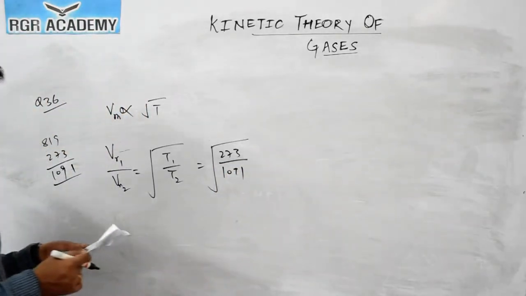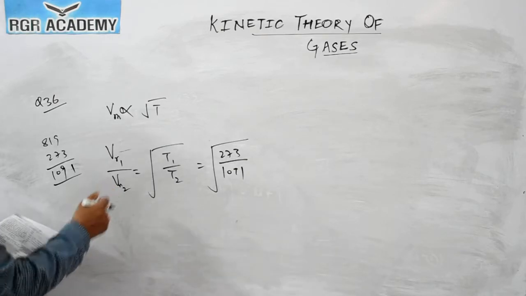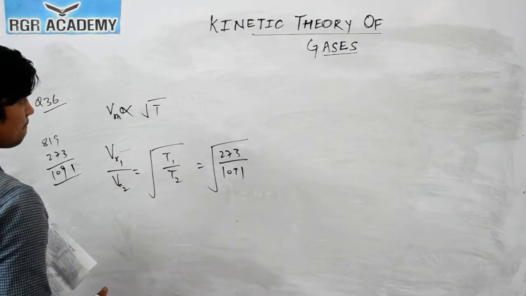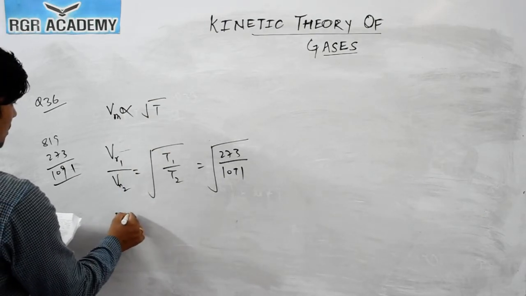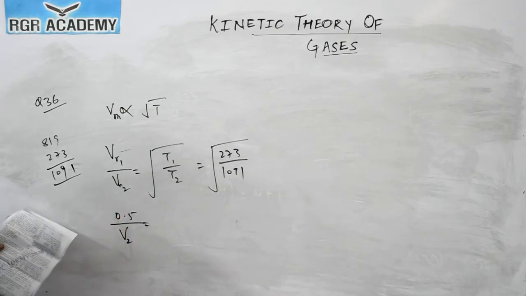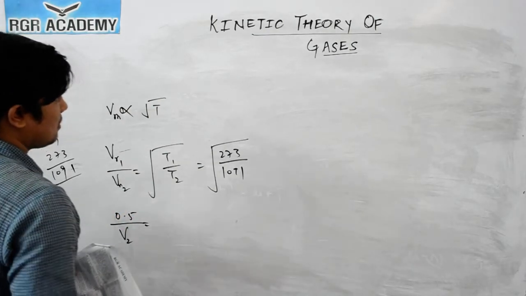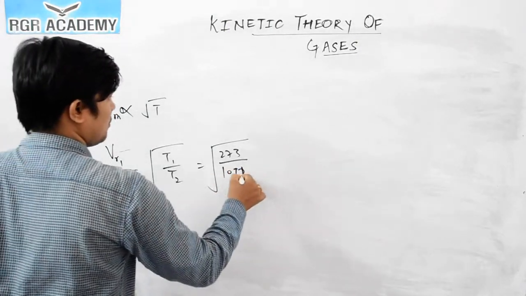Okay. So if you solve this, we can say that Vrms1 is given as 0.5. So 0.5 divided by Vrms2 will be equal to under root of 273 by 1092.